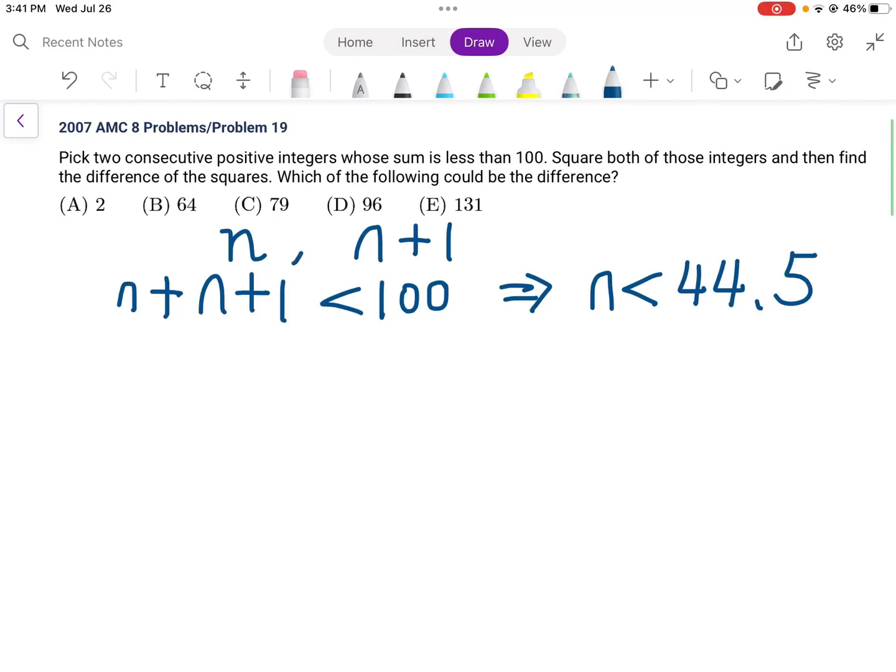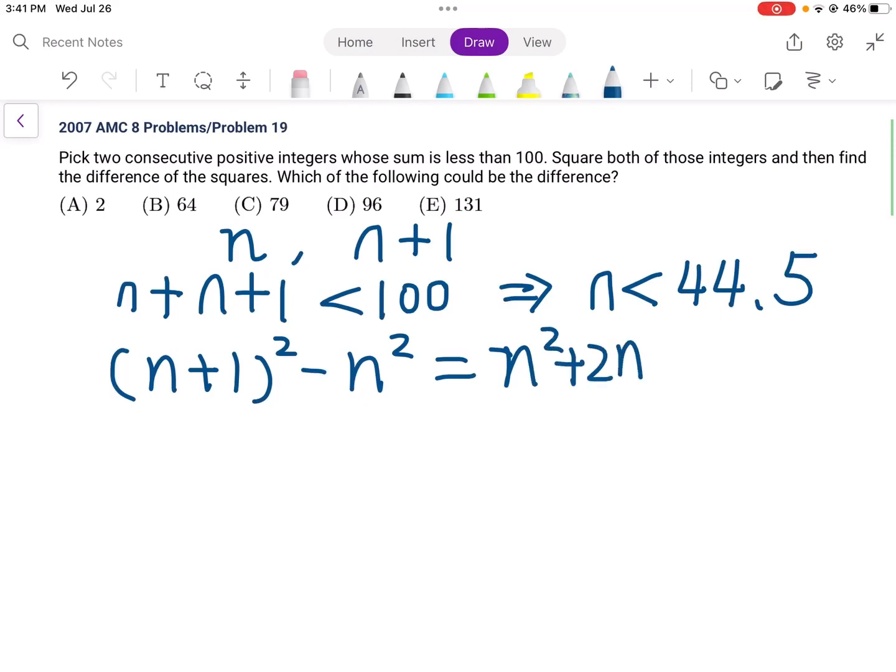And square both of these integers and find the difference of the squares. That means we get n plus 1 squared, subtract n squared, and that is n squared plus 2n plus 1 subtract n squared, and that is 2n plus 1.